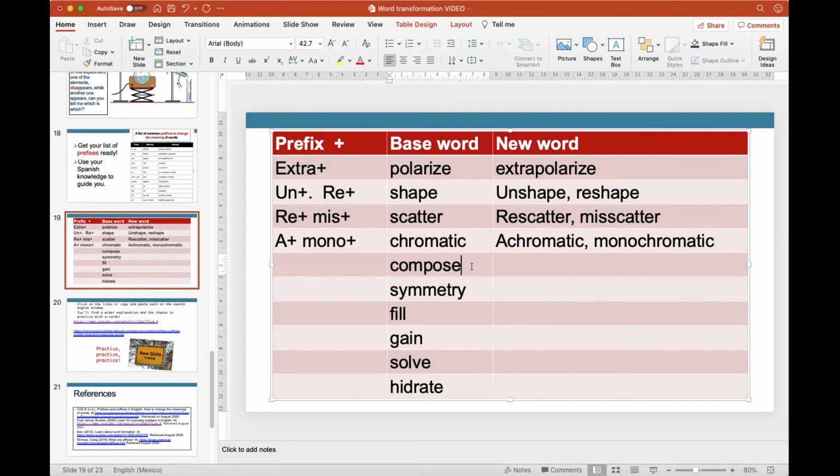Compose. Discompose. Yes. Excellent. Or recompose, yes, of course. Symmetry. Asymmetry. Excellent.